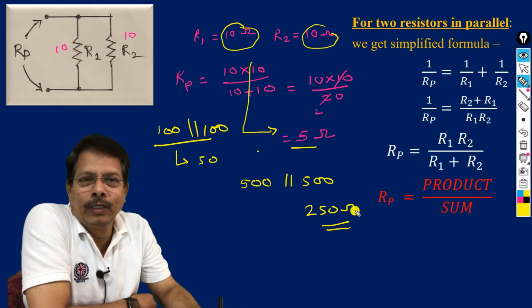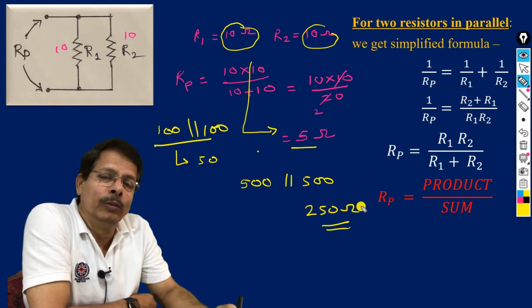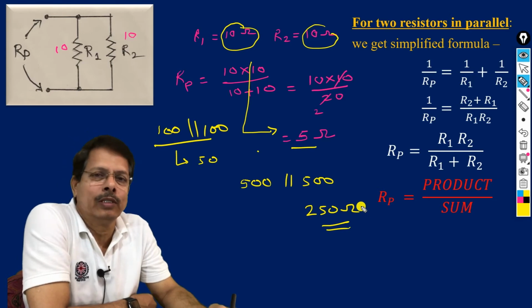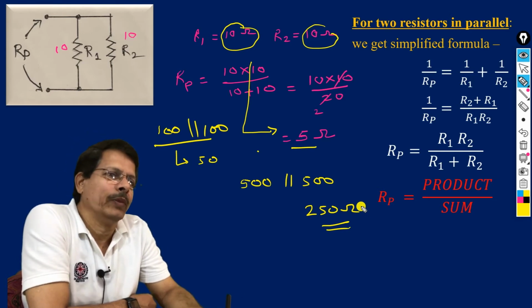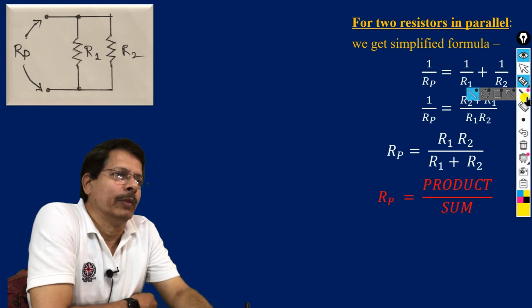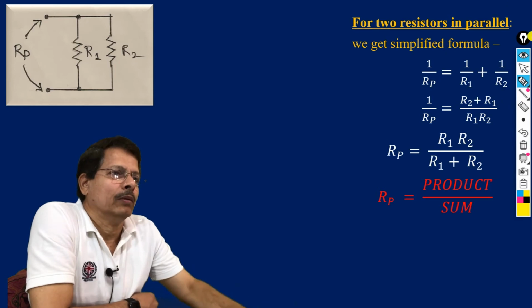So this is again very interesting to remember, and when you want half the value, we just connect two resistors of the same value to get the required value. So these are the equivalents that are very useful for practical purposes. So let us move on.